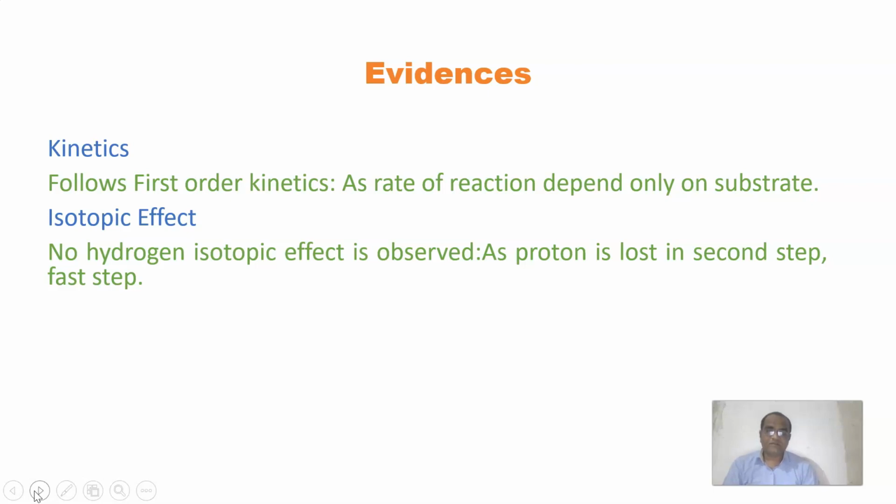But in case of an E1 reaction, there is no isotopic effect, because in the first step the halogen is removed, and in the second step a proton is lost. This proton is lost because the molecule has to attain a stable structure.